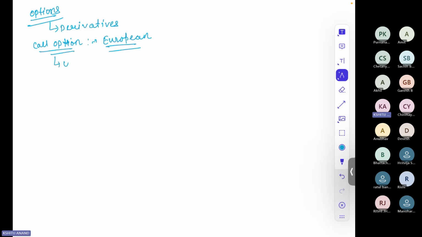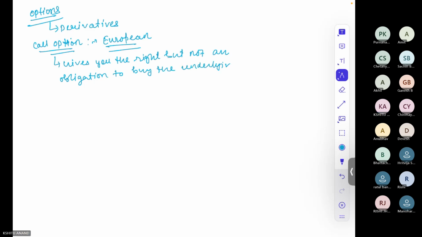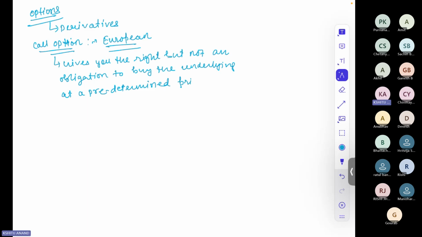First of all, if you are the holder of the call option, it gives you the right, but not an obligation, to buy the underlying at a predetermined price, called a strike price, right?